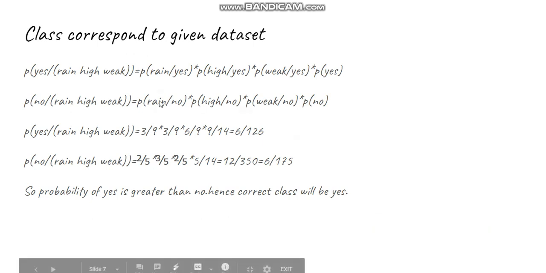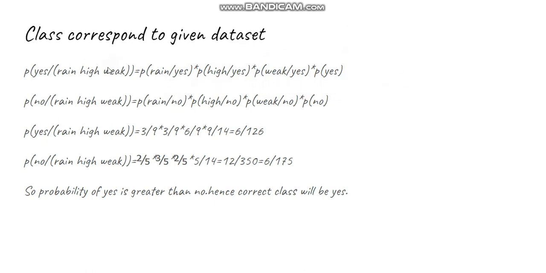So P(yes): what will be the chances of class yes when rain, high and big has already appeared? This is P(A|B), which is just the reverse of P(B|A). We can simply write this, if values are independent, as P(rain|yes) times P(high|yes) times P(big|yes) times P(yes).